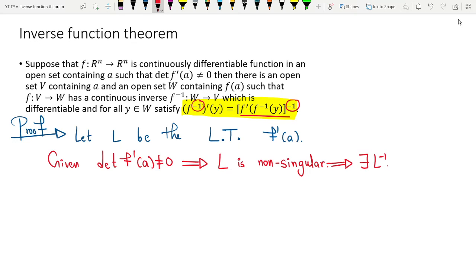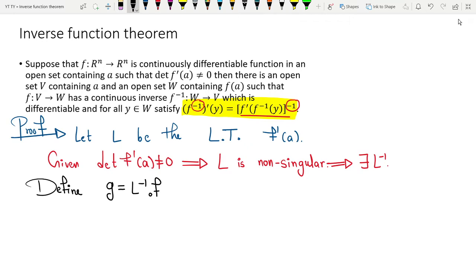Now by using this, I define a new function g by using this L inverse and the given function f. Define a function g as L inverse composite f. What I have done is I have defined a new function g which is nothing but L inverse f. Now why is this function so special?